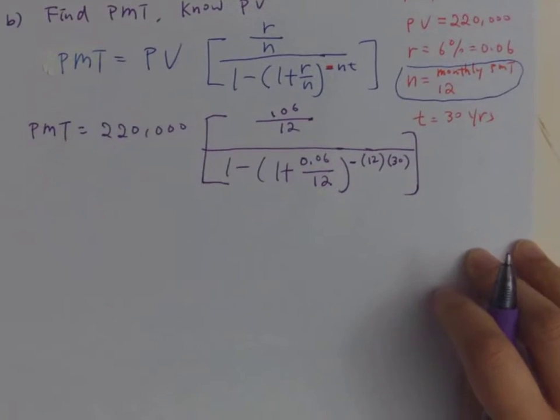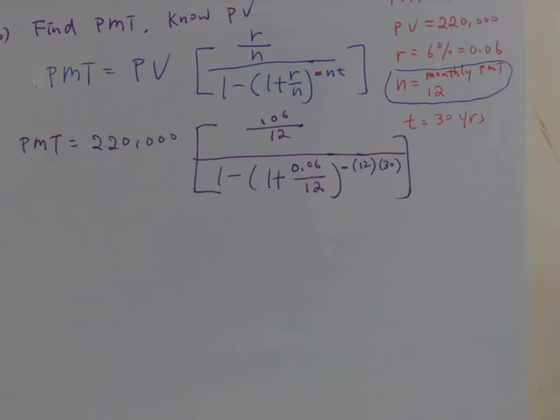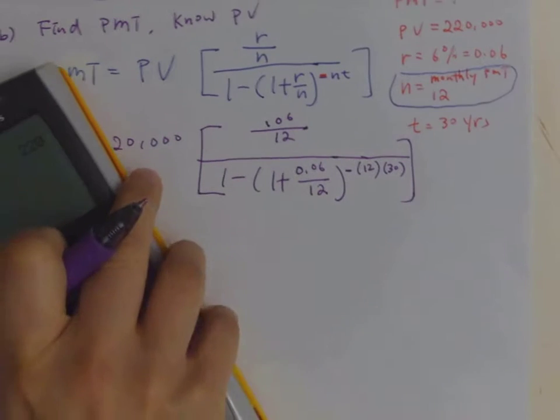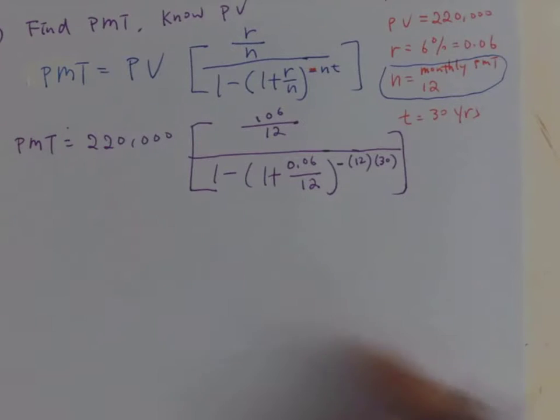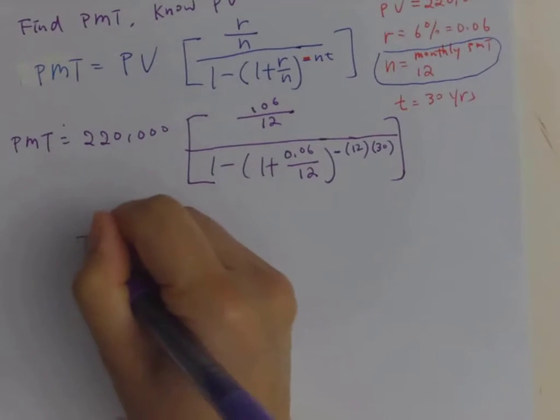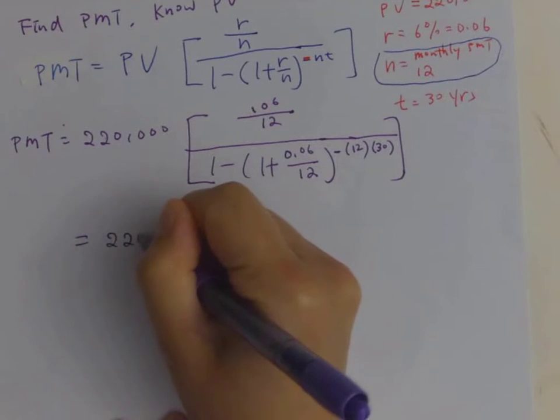We need to use the calculator to find the answer. It would be helpful to clean that up a little bit. 0.06 divided by 12 is going to be 0.005. So don't make the mistake I made earlier.